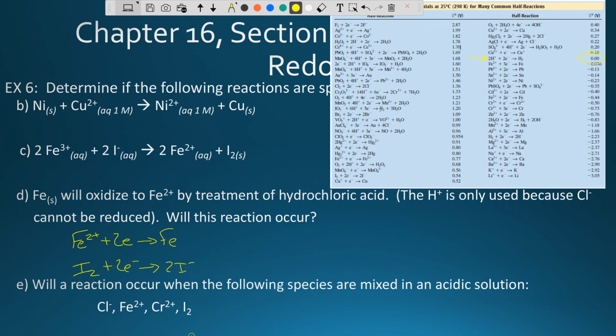Okay. I see that my chloride will become chlorine plus 2 electrons. I see that my chromium will become chromium 3 if I add an electron in here.